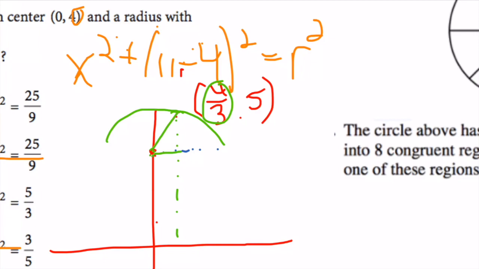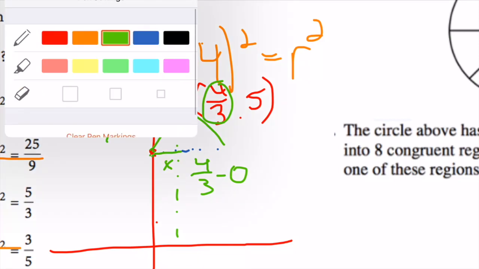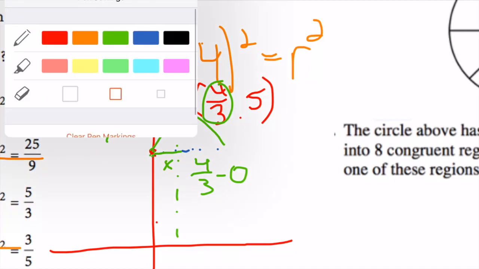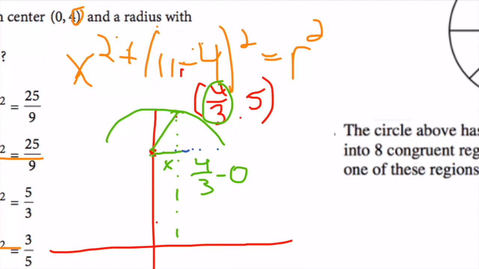So this x will be 4/3 minus 0. So my x coordinate is just 4/3. Now my y coordinates, I have 5 and I have 4. So my y coordinate here is 5 minus 4.